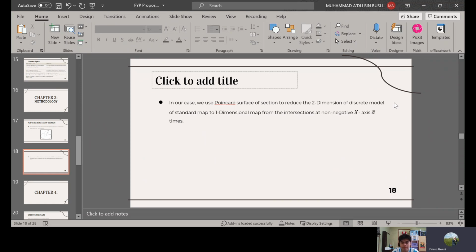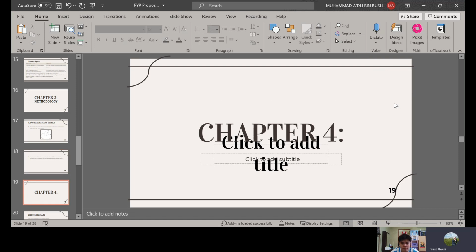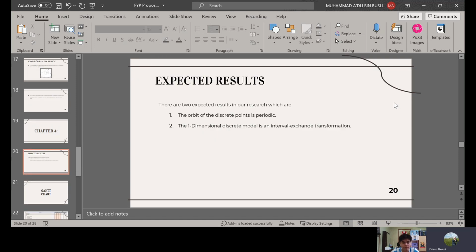Okay, we look first until the end of chapter 4. There are 2 expected results in our research.